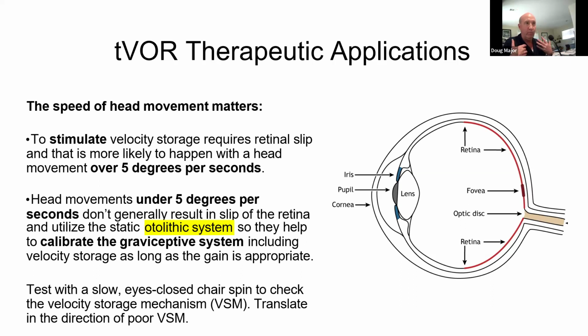And the therapeutic portion is to go ahead and here in a chair, we can measure the velocity storage mechanism by just gently rotating, and you let the individual tell you which direction the chair continues to rotate when it stops. If there's a directionality differential, that's the translation direction you want to use.